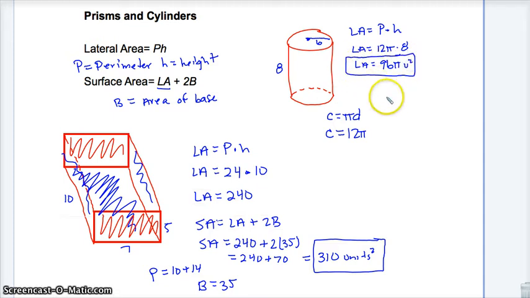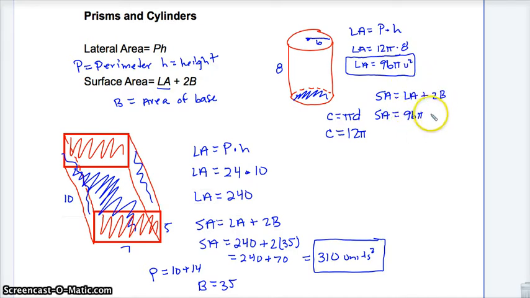To find my surface area, I then need to find my lateral area plus 2 of my bases. And again, my bases are the circles on the top and the bottom. So my lateral area we found out to be 96 pi.